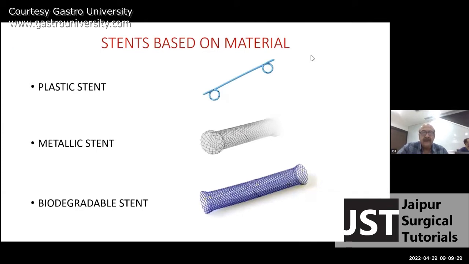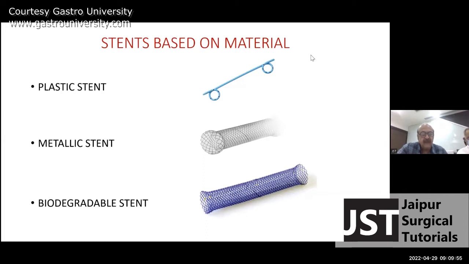As far as stent descriptions are concerned, they can be plastic stents. These plastic stents are made of either polyurethane or Teflon. Because of different shapes, they can be single or double pigtail, straight, or S-shaped, as and when the indications are.